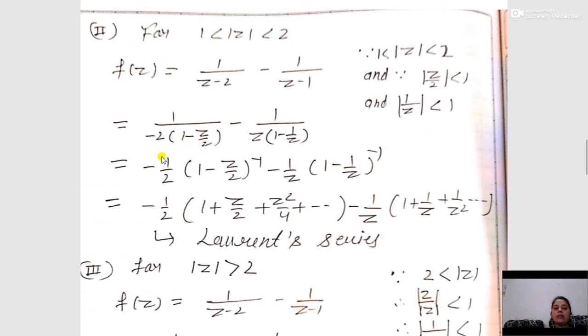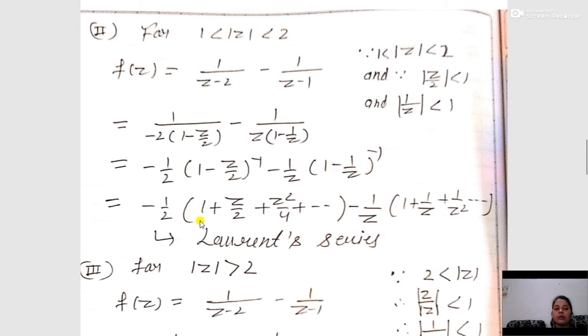Therefore, it can be written like minus 1 by 2 into 1 minus z by 2 inverse, into minus 1 by z into 1 minus 1 by z inverse. Now, since mod z by 2 is less than 1 and mod 1 by z is also less than 1, we can use binomial theorem, and it can be expanded.